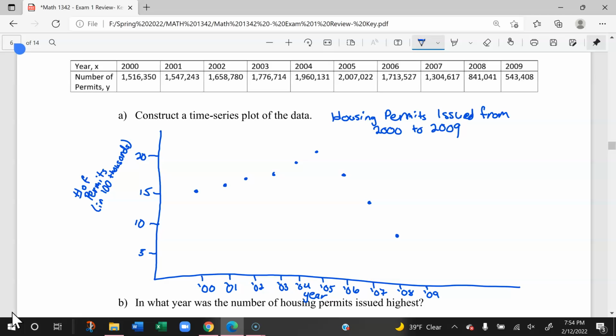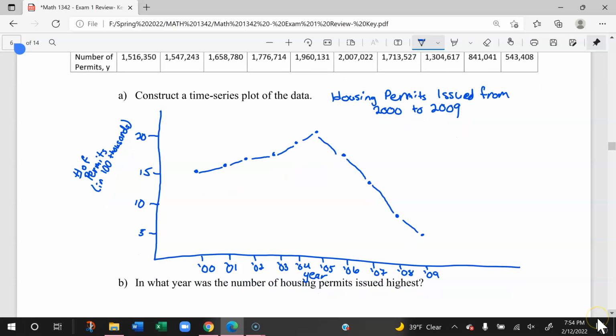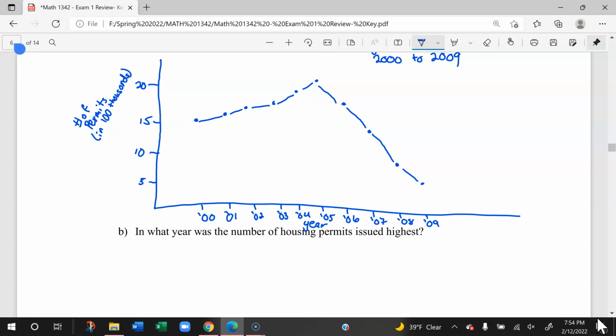And then we were down here close to 5. And then we connect our dots. And this is a time series. That's all we're looking at when we're looking at a time series. Then we just look at, say, what year was the number of housing permits the highest, and that was in 2005.